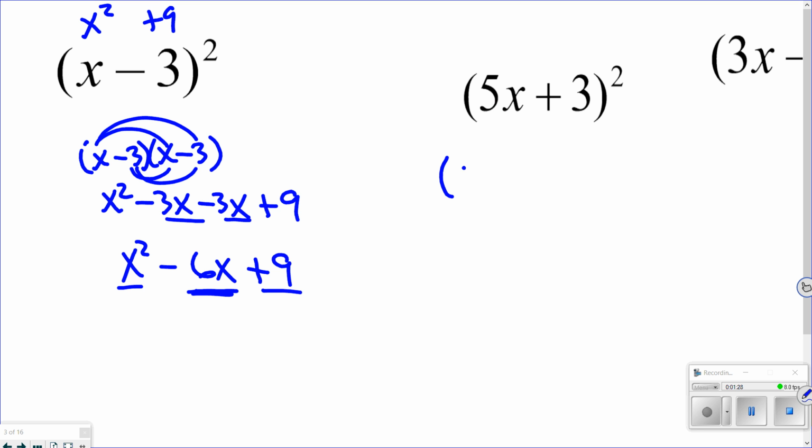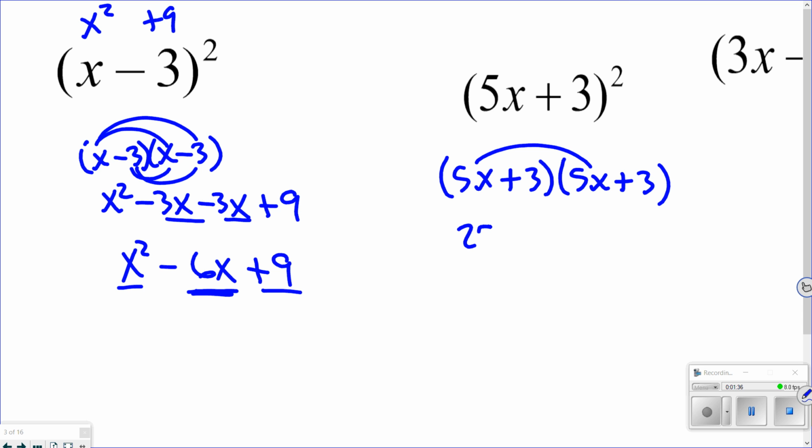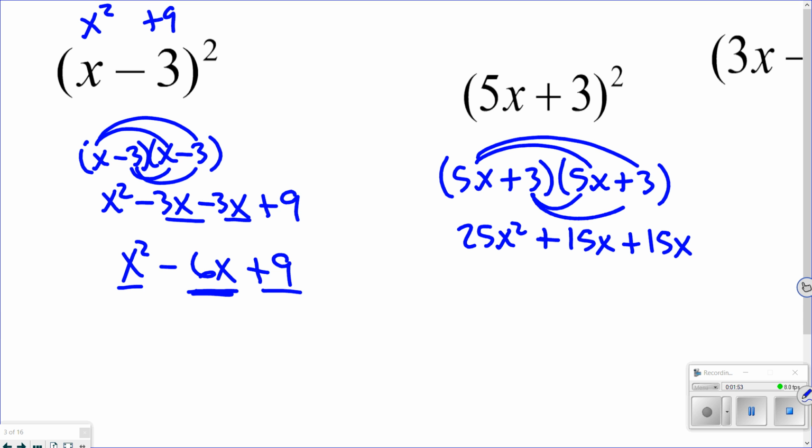So if I write it out like this, 5x plus 3 times 5x plus 3, distribute: 25x squared plus 15x, plus 15x, plus 9.